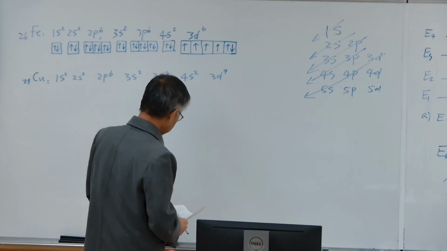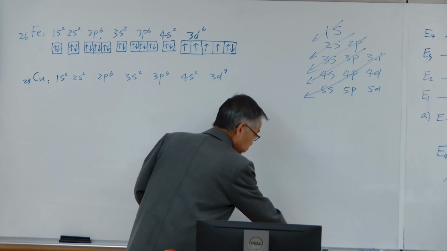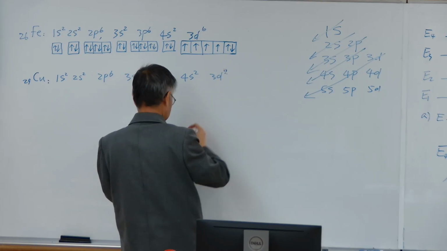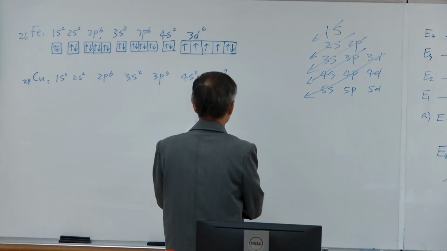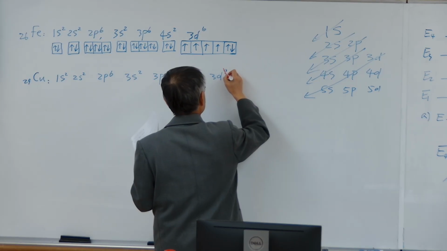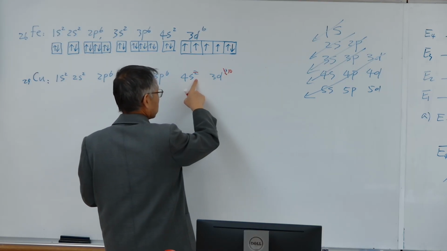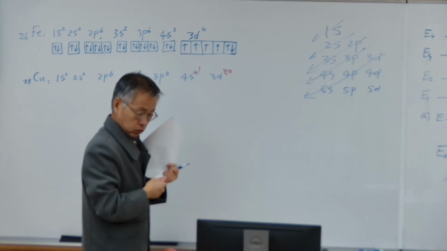But whenever you see 3d9, you need to be careful. This 9 becomes 10, and the one more electron comes from its neighbor 4s. This 2 becomes 1.